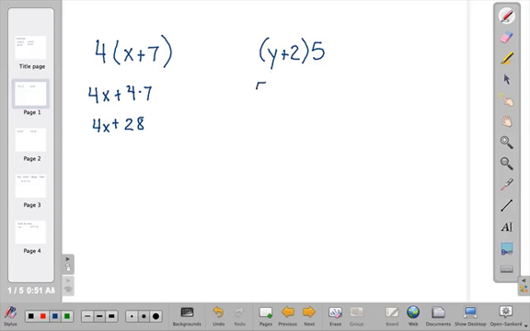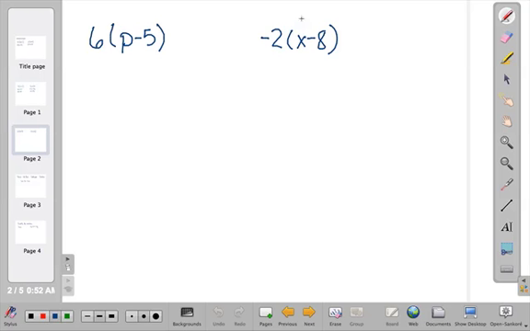So first I'm going to have 5 times 2, and then I'm going to bring the plus sign down, 5 times y. Now just like in this example over here, I'm going to see if I can simplify. I know that 5 times 2 is 10. I'm going to bring the plus sign down, but I don't know what 5 times y is, so I'm just going to bring that down. And there, we've applied the distributive property and then simplified.